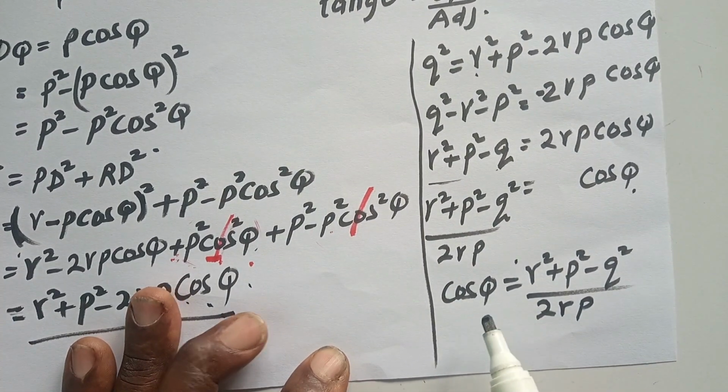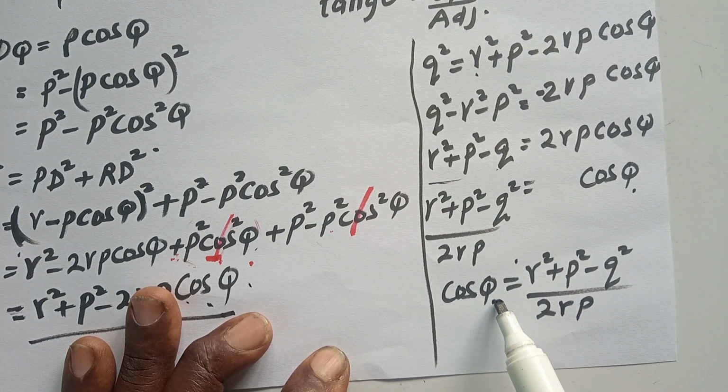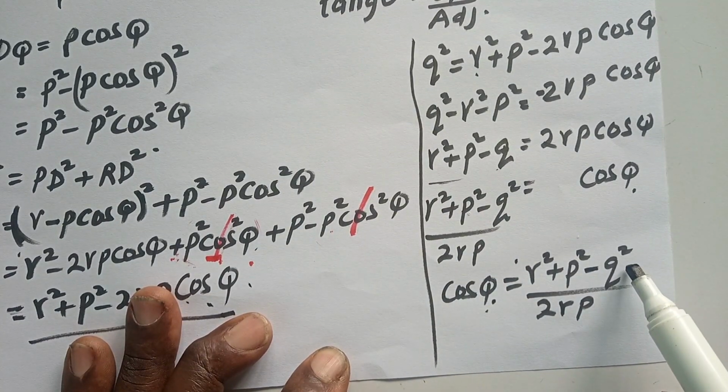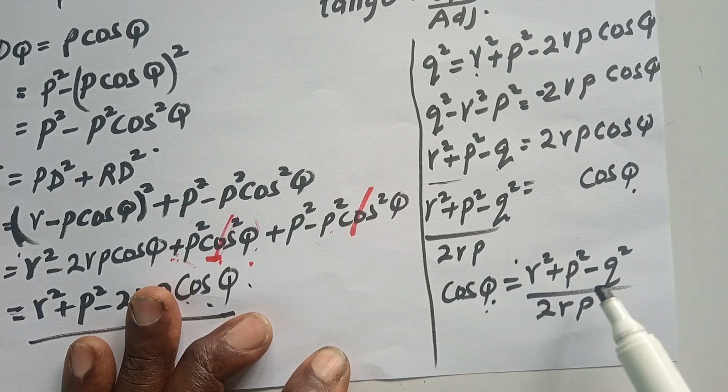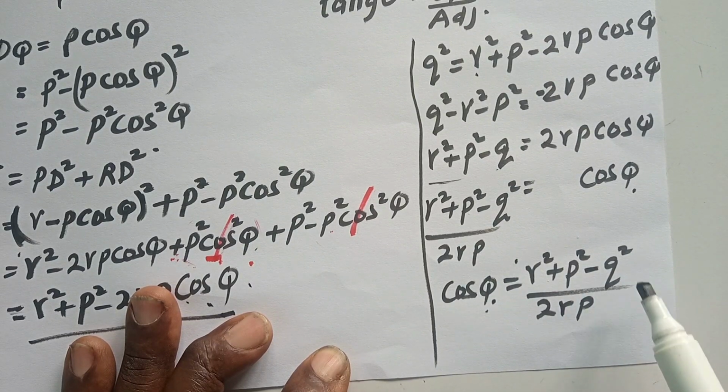Once again, if you look at cos Q, the angle, we shall subtract the side small q. If we had cos R capital, we would have subtracted small r.